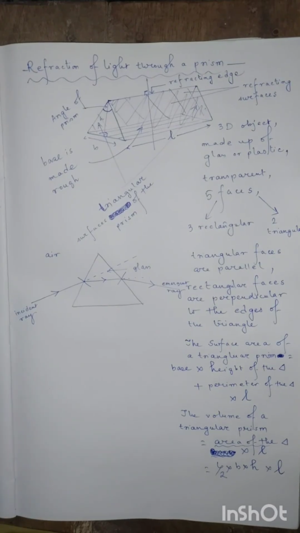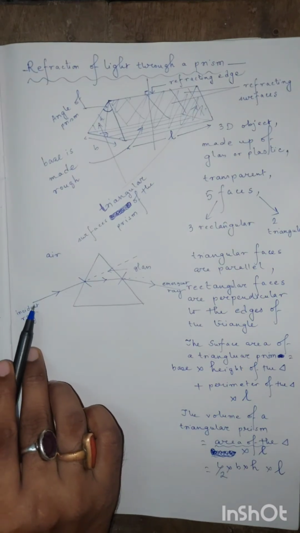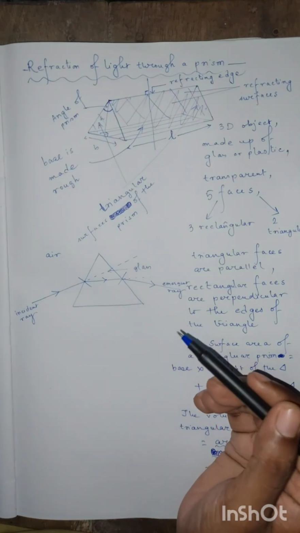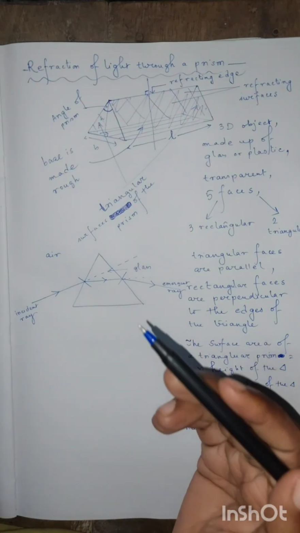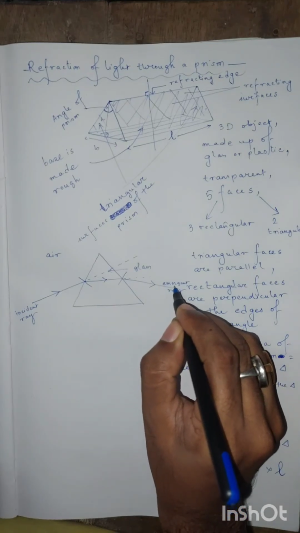Now, if we apply the principle of reversibility of path of light, that means we are sending light from this point. Now if we do the exact opposite thing, that means we are now sending it this way.